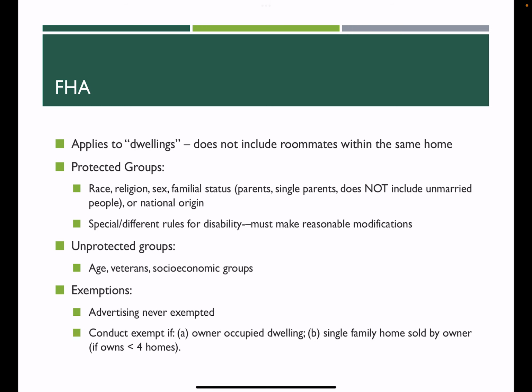All right, so moving on to the Fair Housing Act, which is the last topic we'll cover. This applies to dwellings, and it does not include roommates within the same home.